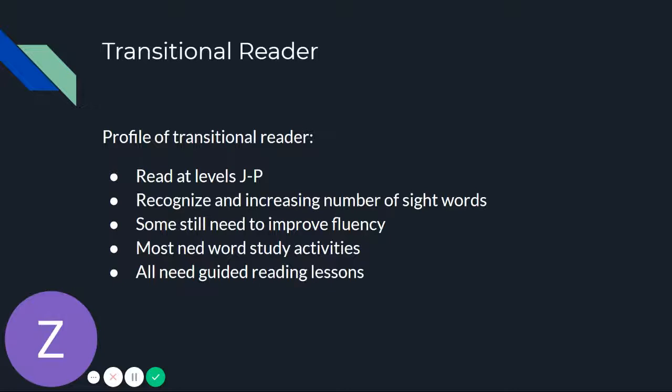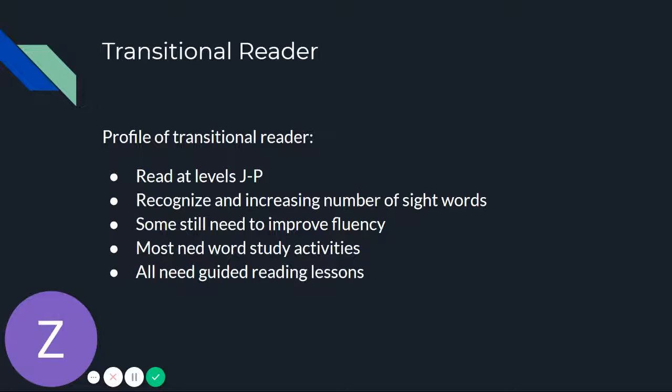These students automatically recognize an increasing number of sight words, but often struggle with sophisticated vocabulary, especially multi-syllabic words with complex vowel patterns and endings. So it's important to know that some of these students struggle with more sophisticated words that a normal fluent reader probably wouldn't struggle with as much.